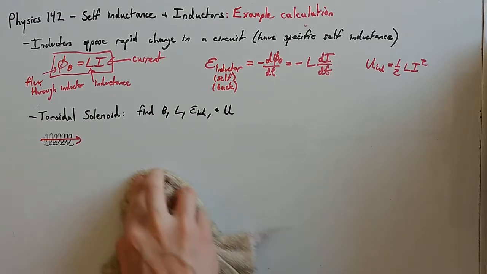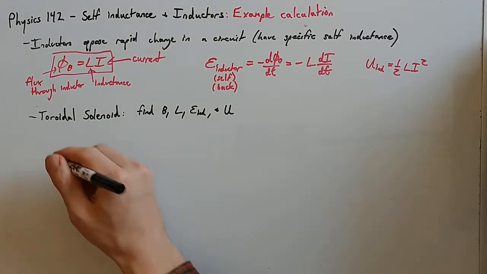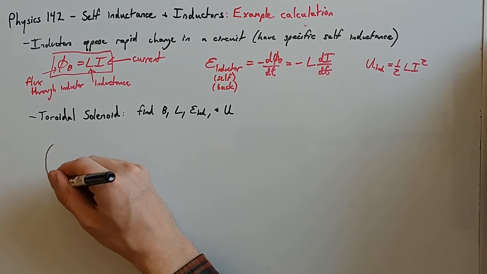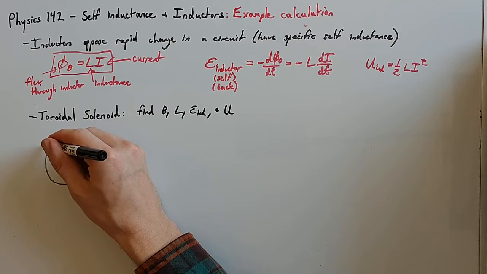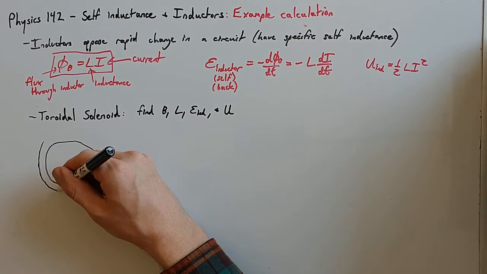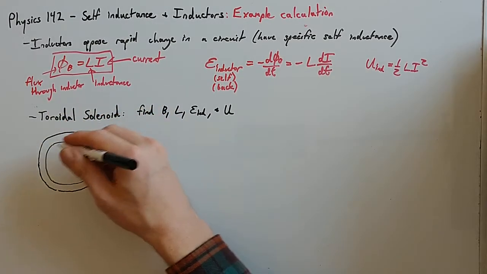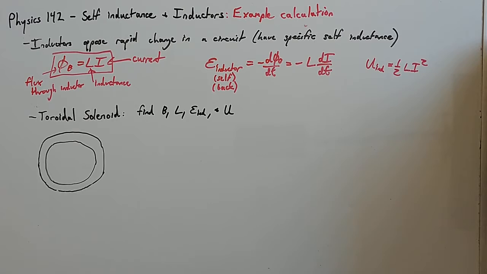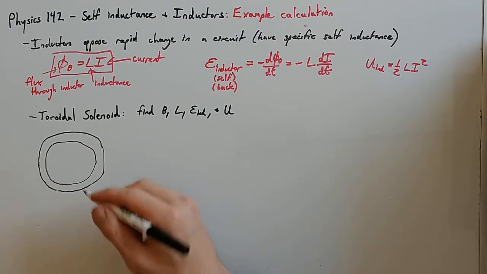So if I want to do a toroidal solenoid, let me draw my best impression of a donut, except it's going to be a donut with a really big hole and a thin outer layer here. All right, and let's pretend that's uniform. So maybe it's more like a tire or something like that, right?